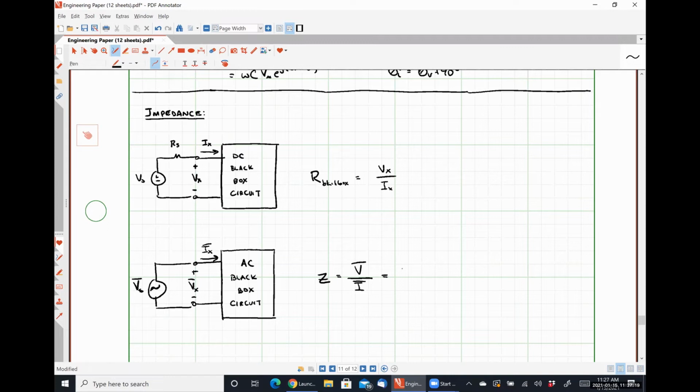So recognizing that the phasor voltage is simply the magnitude of the phasor voltage with some phase angle θV, and the phasor current is the magnitude of the phasor current with some phase angle θI, we can express this as Vm over Im with an angle of θV minus θI, which we can treat as the magnitude of Z with an angle of θZ.